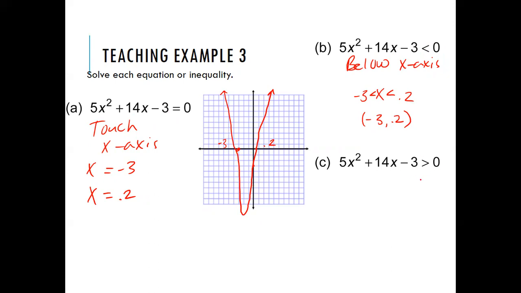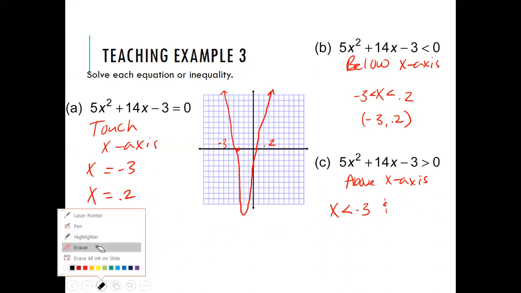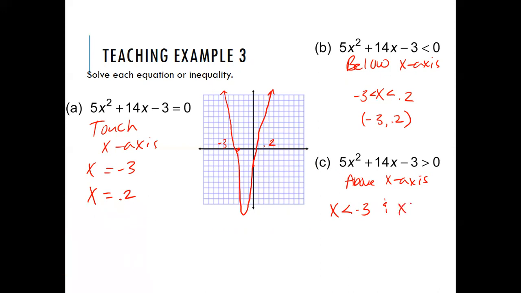Okay, greater than. So greater than means above the x-axis. So when am I above the x-axis? To the left of -3 and to the right of 0.2, 2/10. So when x is less than -3 and x is greater than 2/10.